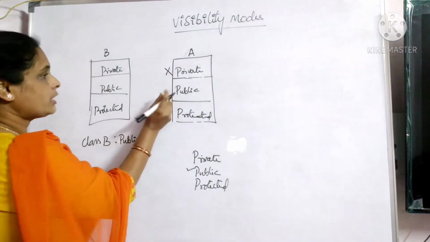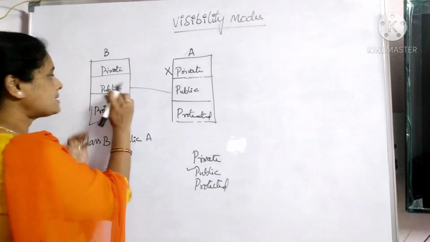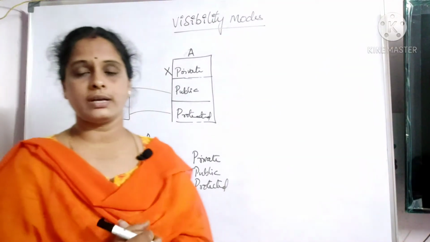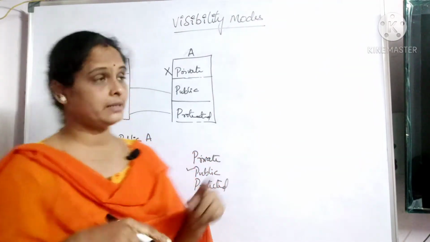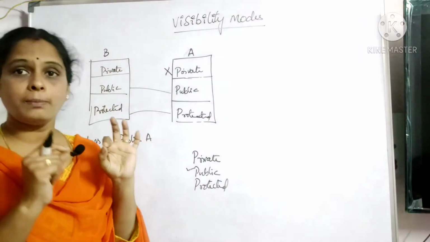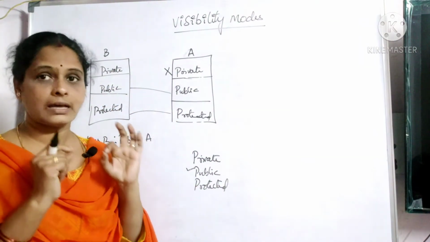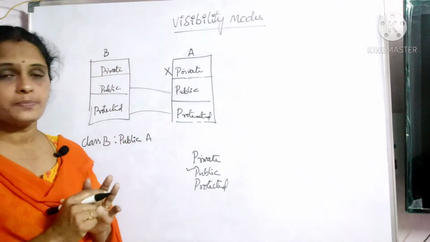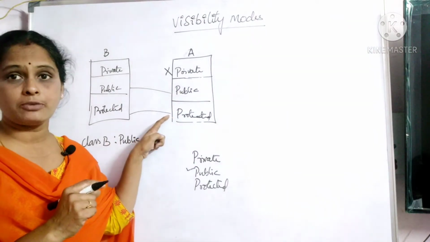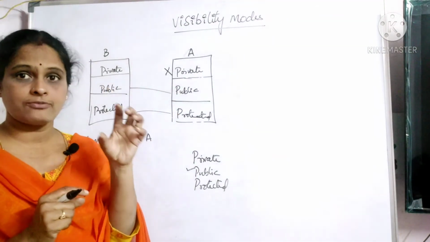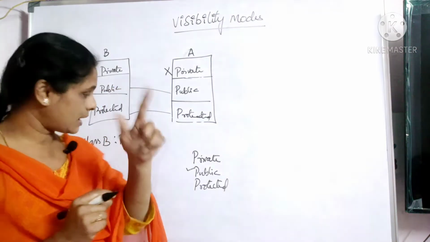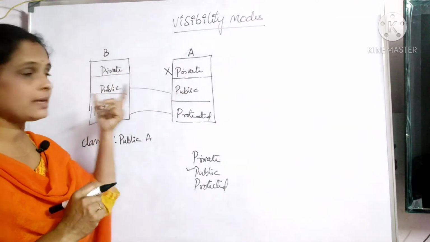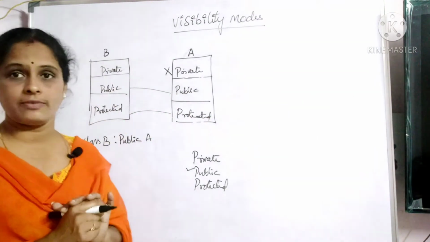Whatever public data is there will settle in the public section, and whatever protected data is there will remain protected in the derived class. I repeat, private data cannot be inherited into the derived class. So when you derive as public, public data remains public and protected data remains protected.